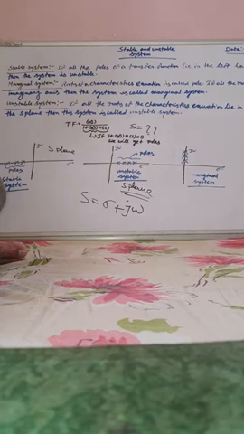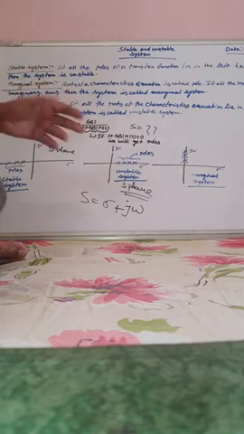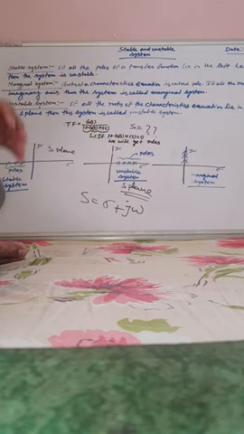The number of sign changes in the first column means the number of roots lying in the right half of the s plane, and the system will become unstable. If two sign changes, that means two poles lie in the right half of the s plane and the system becomes unstable. If no sign changes, no poles lie in the right half of the s plane.